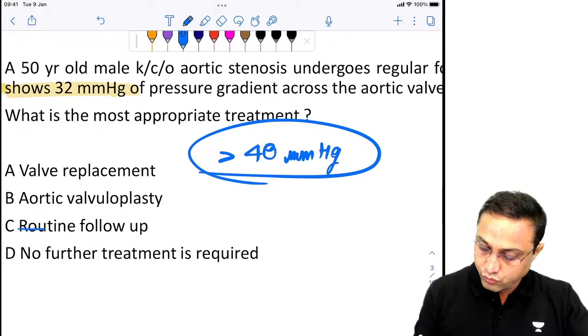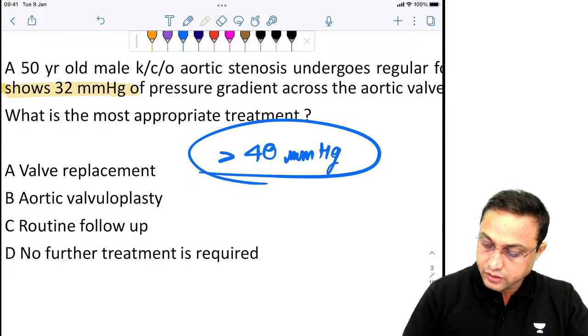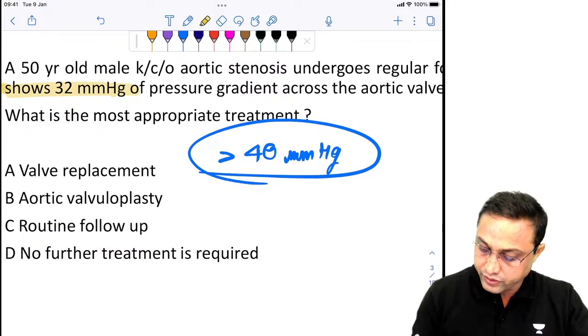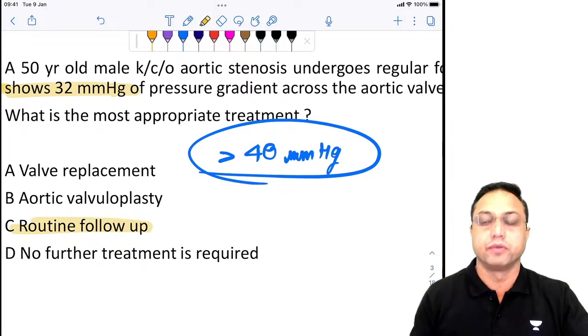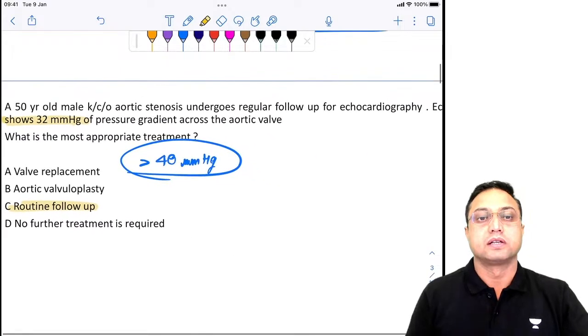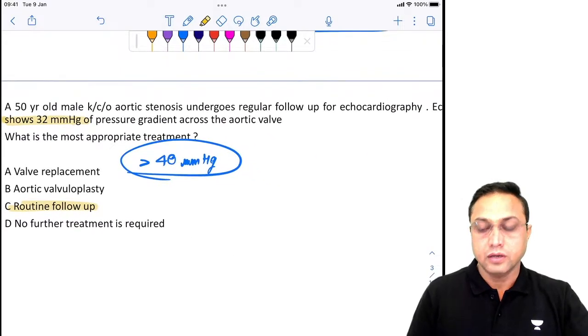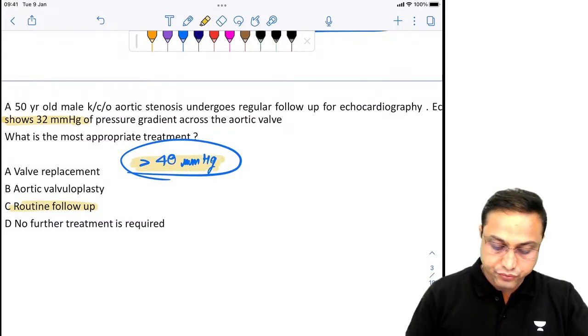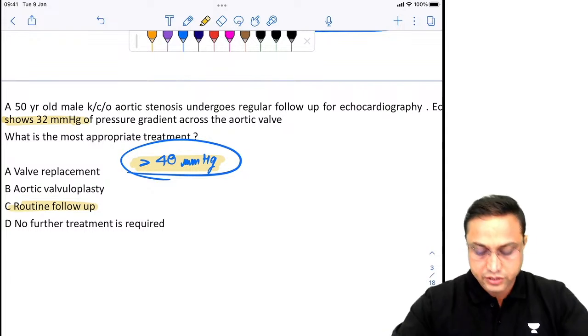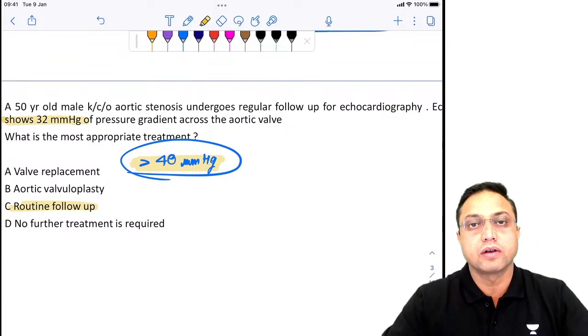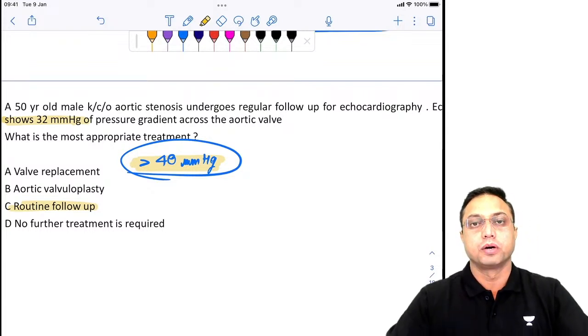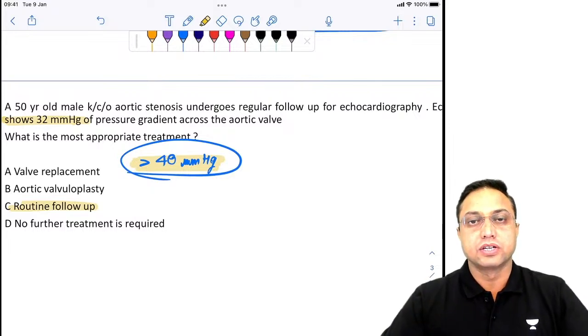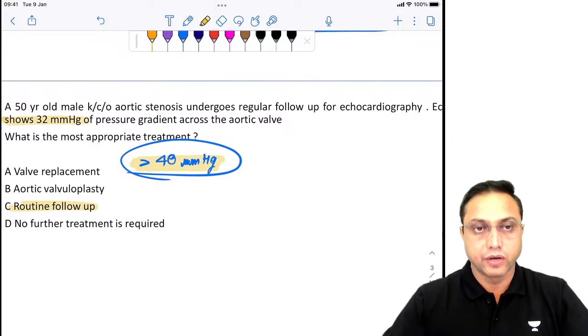So what we are going to do is just follow up, not a routine surgical, a routine follow-up with an echocardiography, or we will follow the routine cardiac consultations. So do understand this concept: the mean pressure gradient across the valve should be more than 40 millimeter of mercury, and that is an indication for the replacement of the aortic valve.